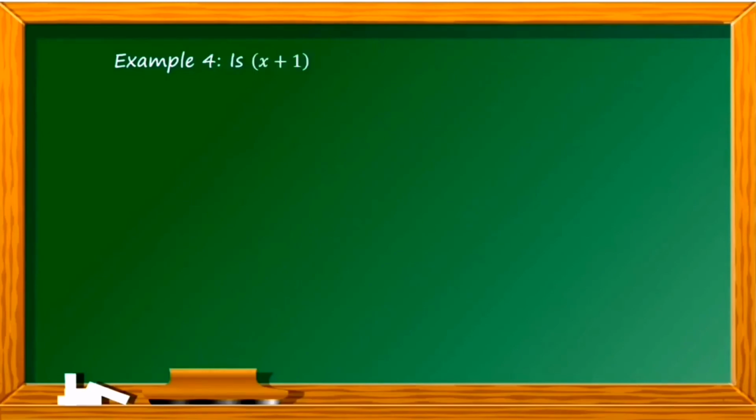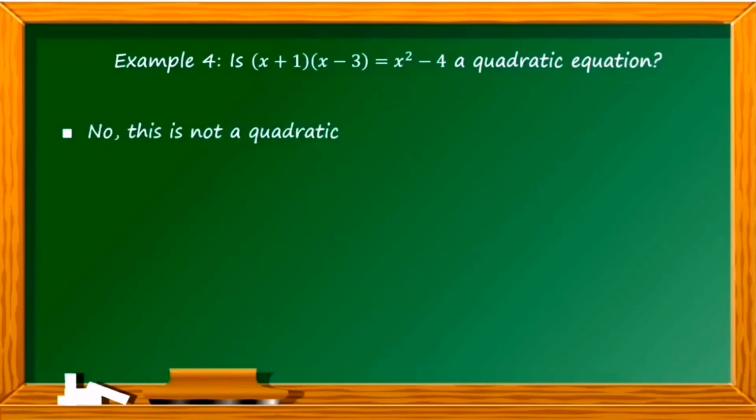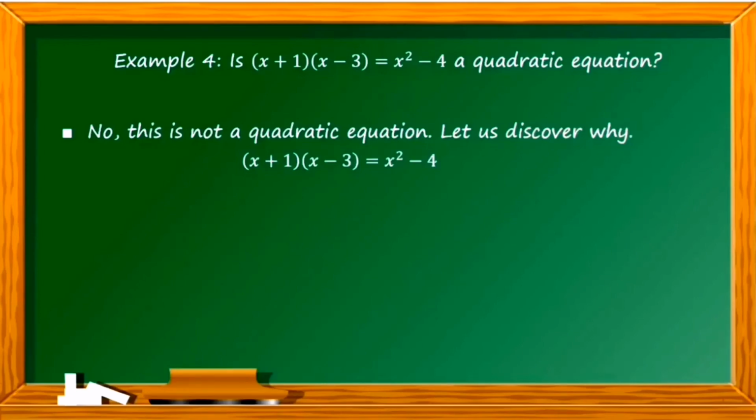Sample number 4. Is the quantity x plus 1 times the quantity x minus 3 equals x squared minus 4 a quadratic equation? The answer is no. This is not a quadratic equation. Let us discover why. From the given equation, the quantity x plus 1 times the quantity x minus 3 equals x squared minus 4, it will become x times x plus x times negative 3 plus 1 times x plus 1 times negative 3 equals x squared minus 4.